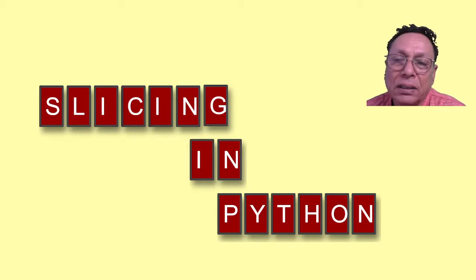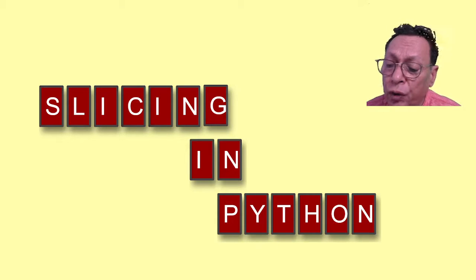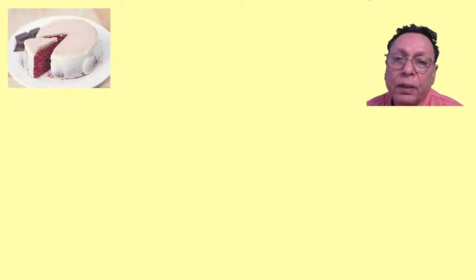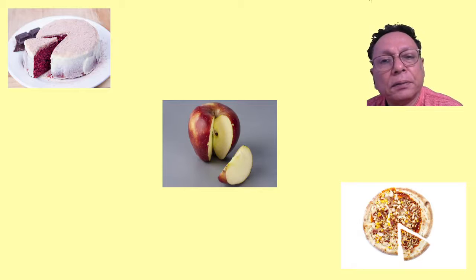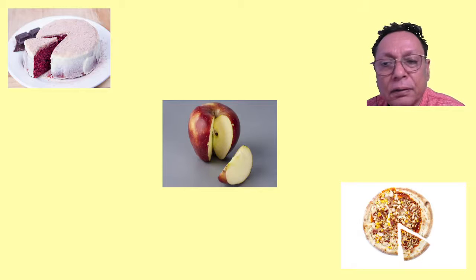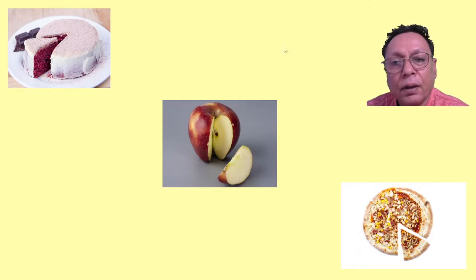Slice means a part of something. So over here, if you see, there are some objects like cake, apple, and pizza. This part is a part of the complete cake.